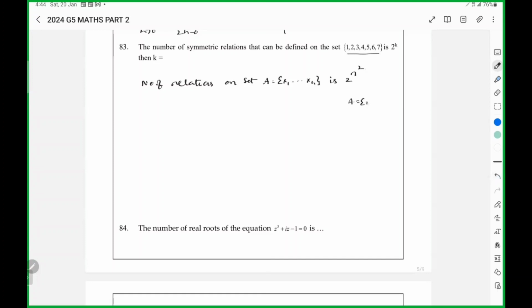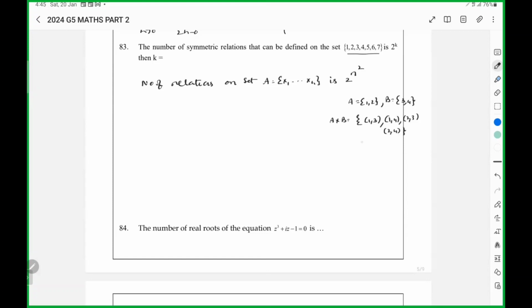A is, let us say, 1, 2. B here is 3, 4. A cross B will be 1, 3, 1, 4, 2, 3, 2, 4.